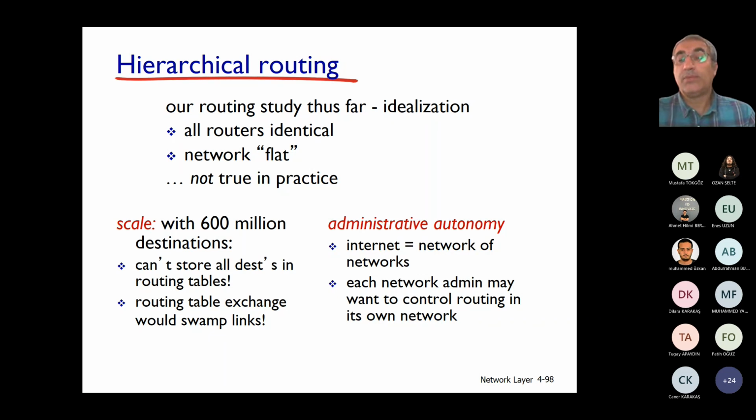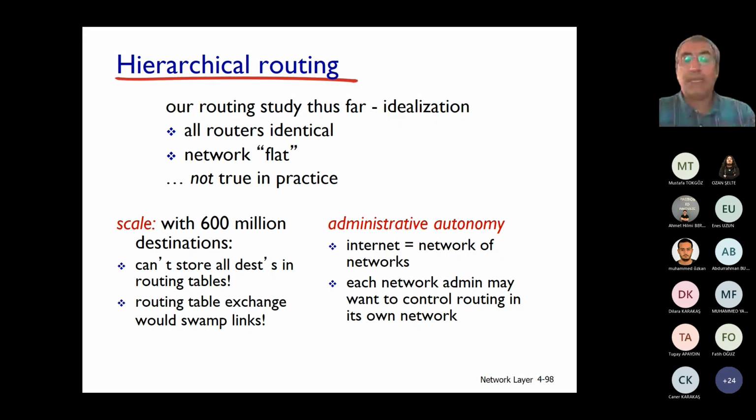We assume that all the routers in the network are identical, and the network consists of all the same routers, but this is not true in practice. One organization can use one brand of router, another can use another router, so they're not identical. Of course, they follow some standards, but the routers in the networks may not be identical in practice.